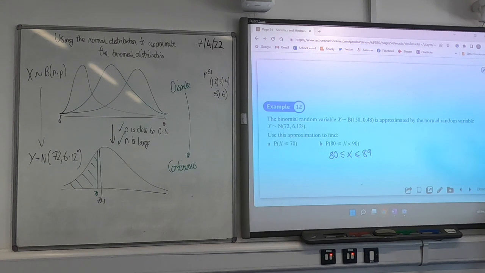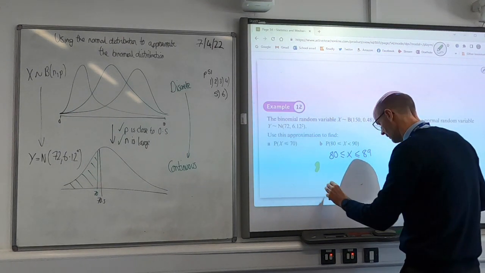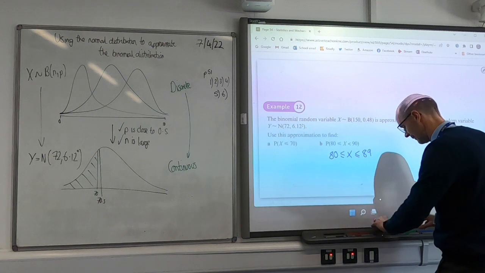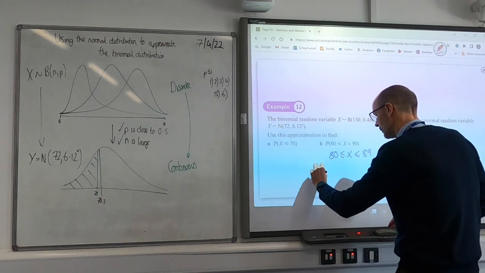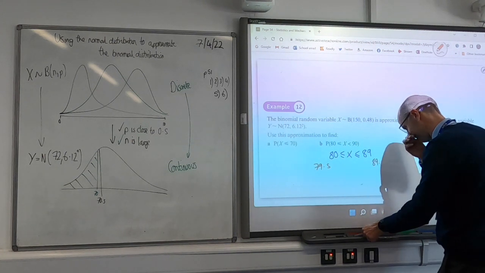And so when I convert that into continuous data, I'm actually going to be looking between 79.5 and 89.5.